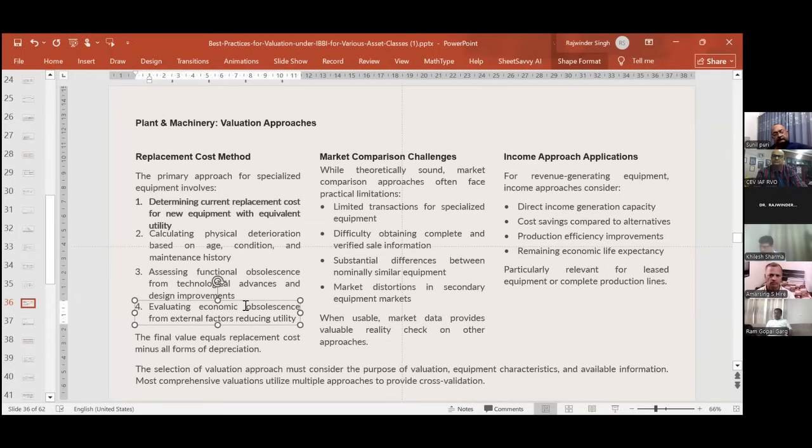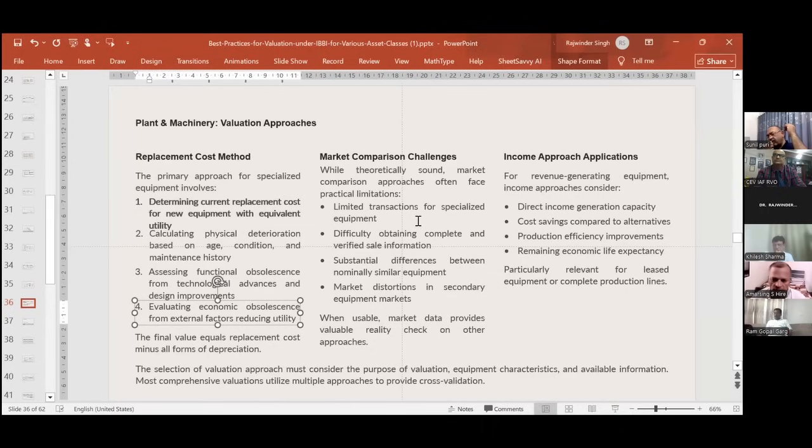So the next method for plant and machinery is market comparison challenges. While theoretically sound, market comparison approaches often face practical limitations because you have limited transactions for specialized equipment, and there is difficulty in obtaining complete and verified sales information.